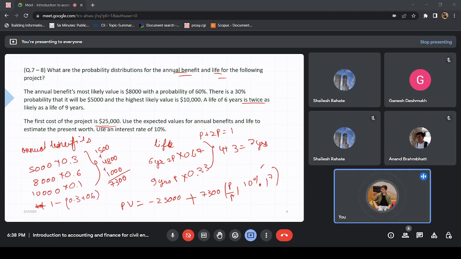Okay, so from table it is 4.86. So this comes around to be, let's calculate it.